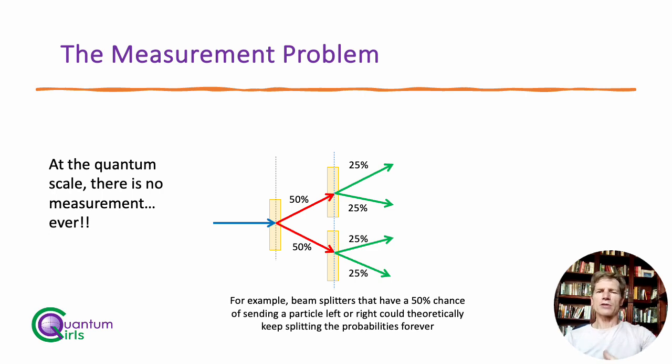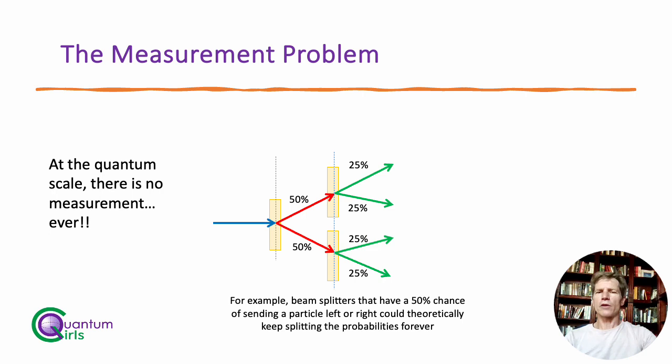So a macroscopic detector, like a light or an arrow on a machine or a sound, something that tells us that we've found the particle there, is never in a superposition at the macroscopic level, but it's composed entirely of quantum particles.